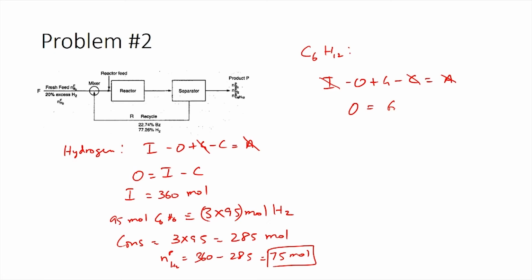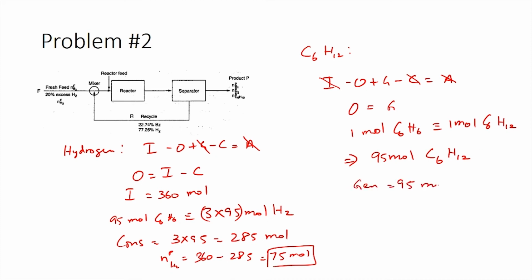Using the stoichiometry, we know that for every mole of benzene consumed, there is 1 mole of cyclohexane produced. So, this implies 95 moles of cyclohexane would have been produced for 95 moles of benzene which was consumed. Therefore, generation would be equal to 95 moles.